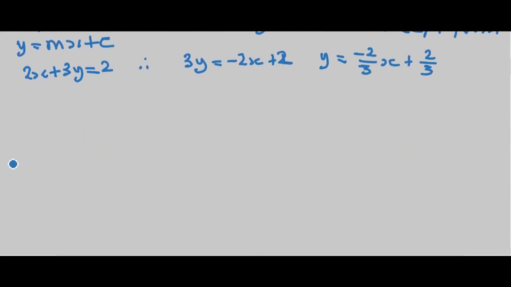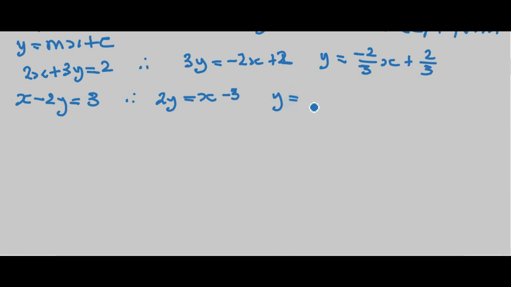The second equation is x minus 2y is equal to 3. Therefore, we have 2y is equal to x minus 3.